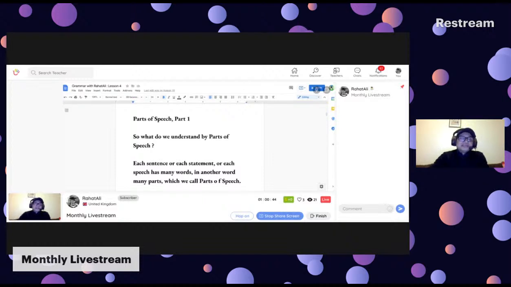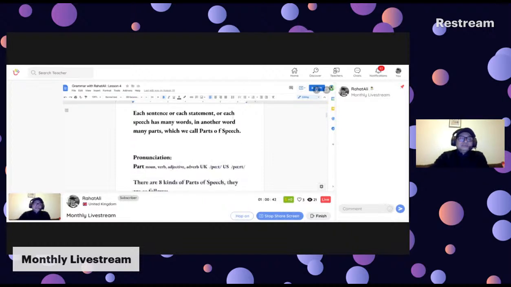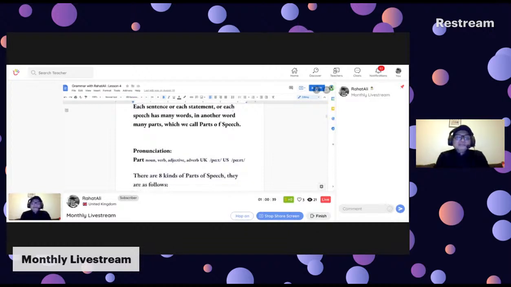And basically, the word part can be used as a noun, verb, adjective, and adverb. Part, part. That is the interesting thing about this spelling and the pronunciation.